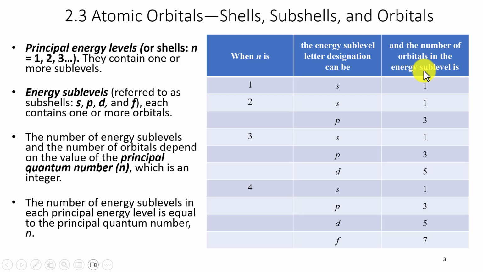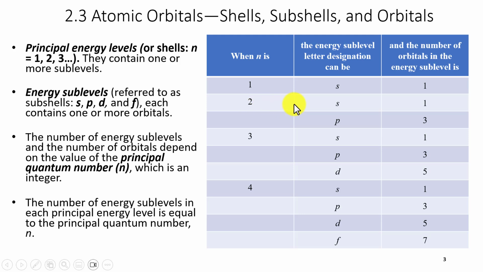The number of orbitals in that first energy sublevel is only 1. So for n equals 1, we can only have one s, and so the sublevel and the orbitals are the same. If I have n equals 2, so now I've moved further out from the nucleus in space.